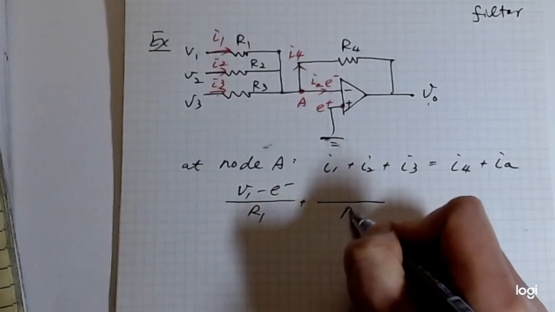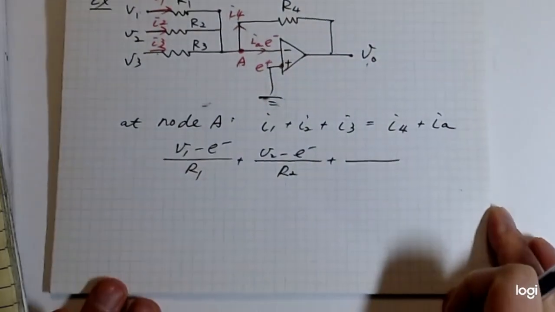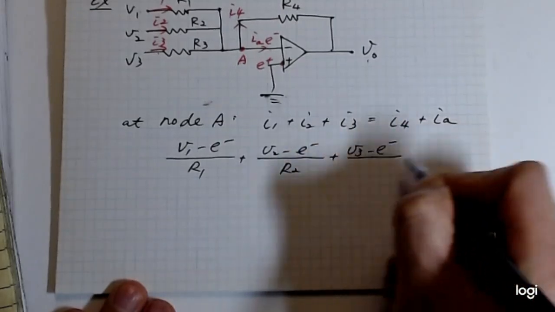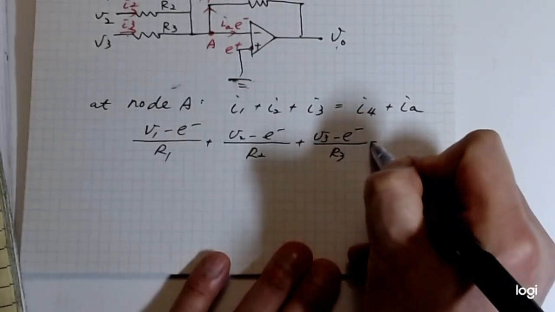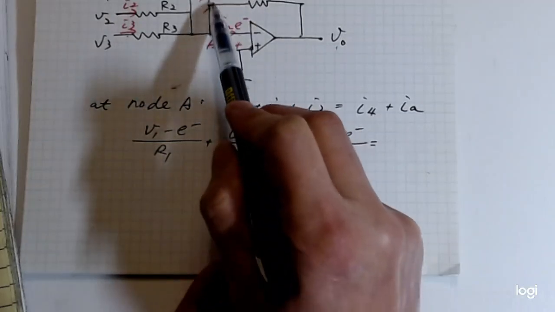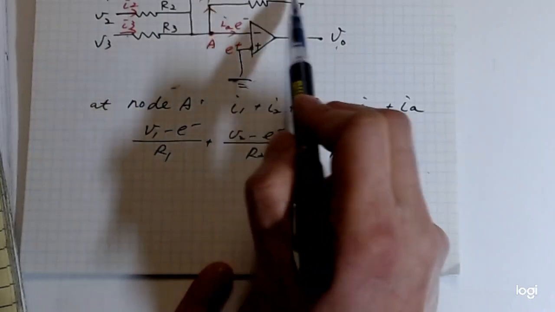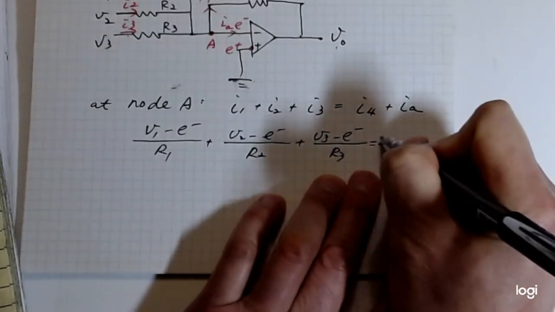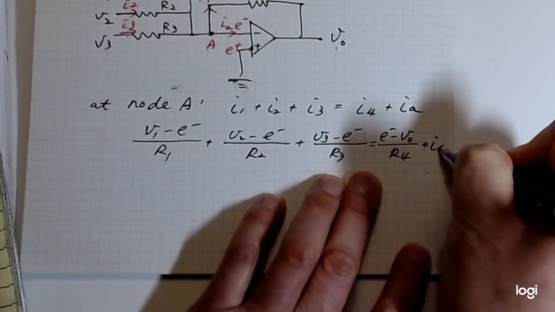Same thing for R2, V2 minus E negative, and R3, V3 minus E negative, equal to I4 from point A, E negative, outwards. So from point A, E negative, to this point, V naught, it is E negative minus V naught over R4, plus IA.